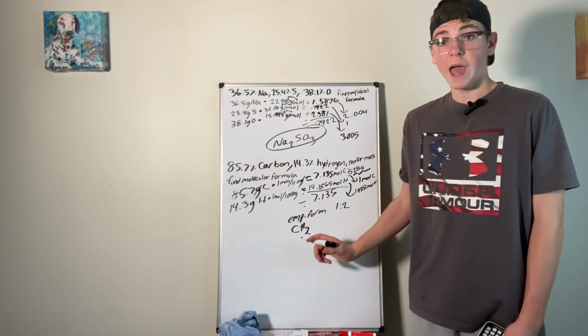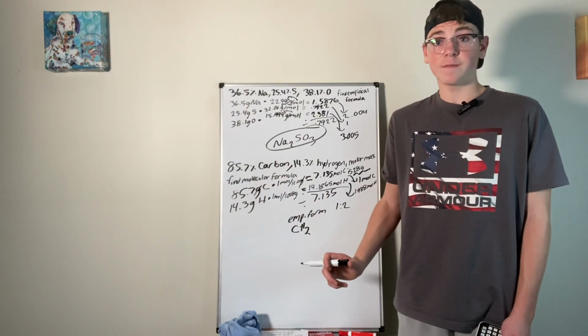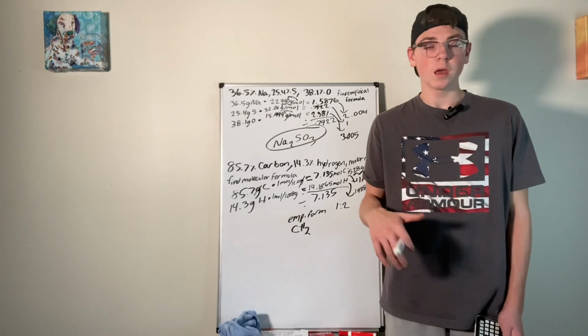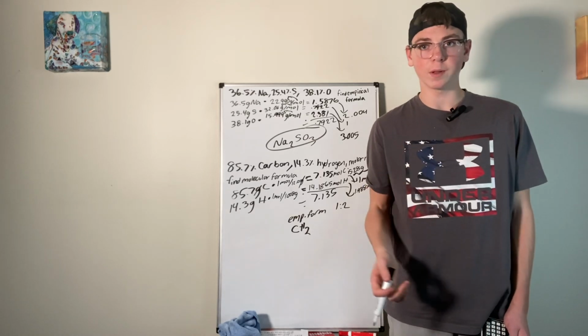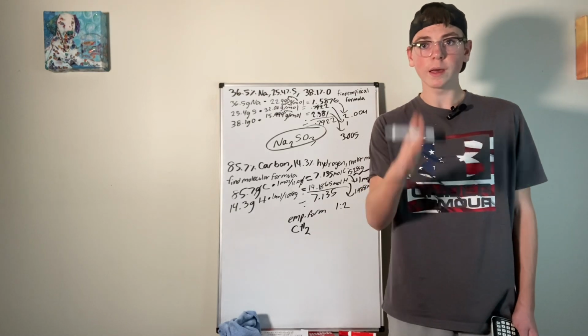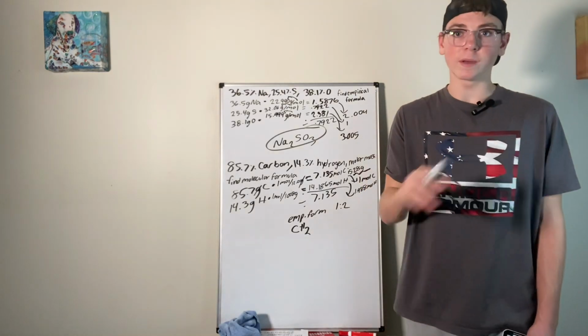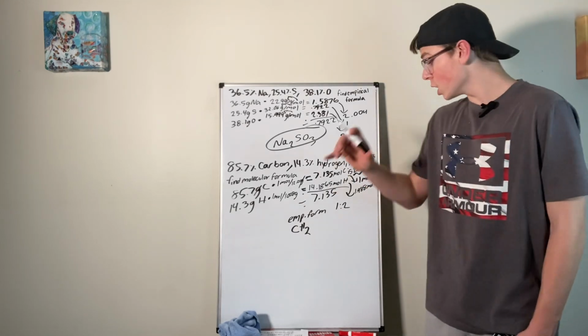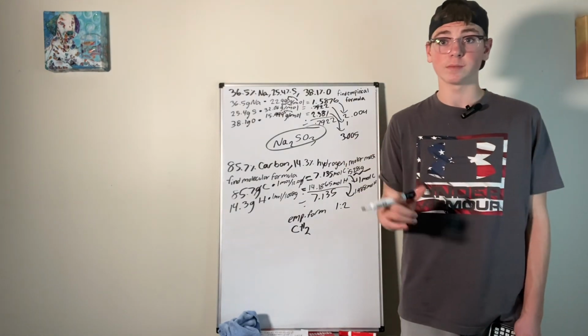So we can find out how much this weighs, and then if it weighs half, we can double it. If it weighs a third, triple it, right? Or just keep multiplying it by 2 and then 4, and finally you'll get there. If this is the right empirical formula, you will get this number after some time.